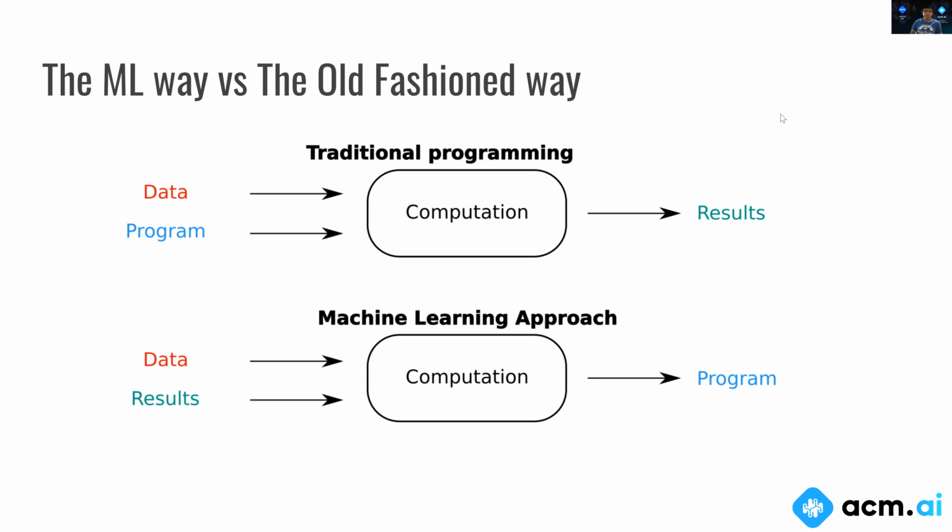The machine learning approach essentially comes up with a program which initially doesn't work that well. When you give it some amount of data, the program that it figures out doesn't give you the results you would expect for the given data you would provide. And that's where gradient descent fits into all of this.